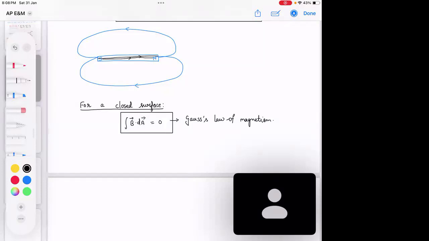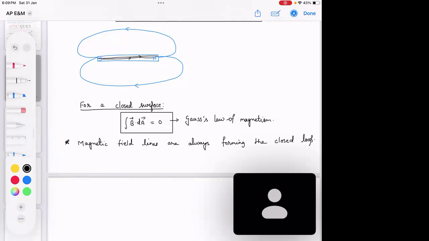So one point you can note down: magnetic field lines are always forming a closed loop, not like the electrostatic field lines.